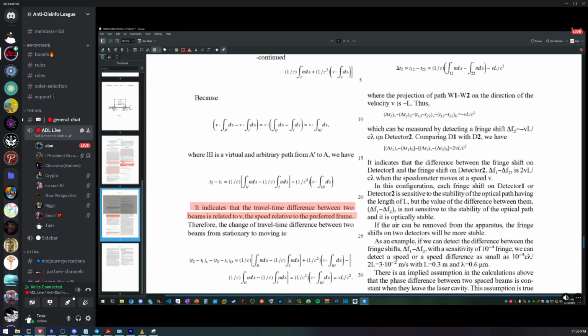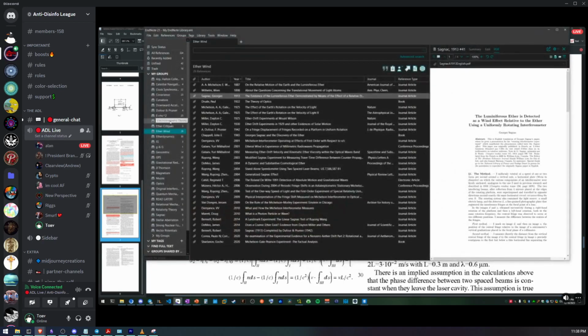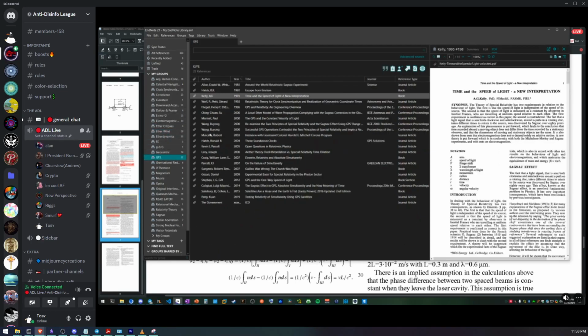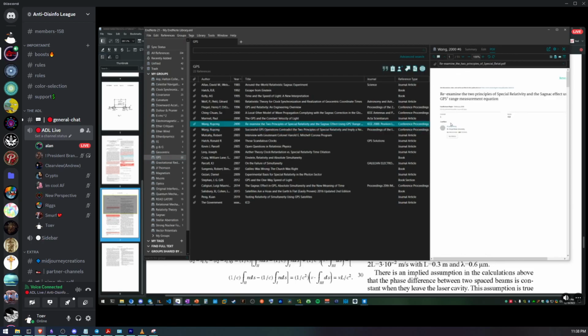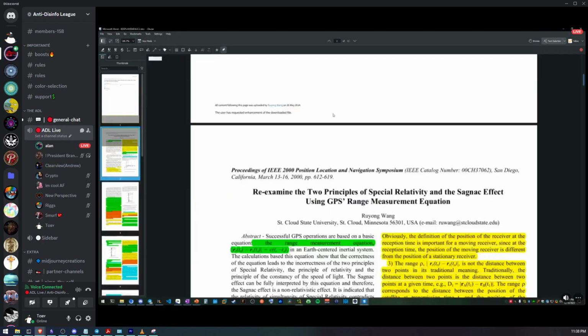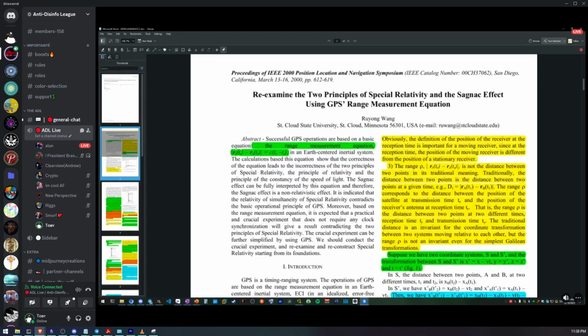No, you're good. Can you walk me through again exactly how the GPS relates to a coordinate? Yep. So this has been so cool to dig into. The range measurement equation used in GPS is the absolute value of r_R times t_R minus r_S times t_S equals c times (t_R minus t_S).